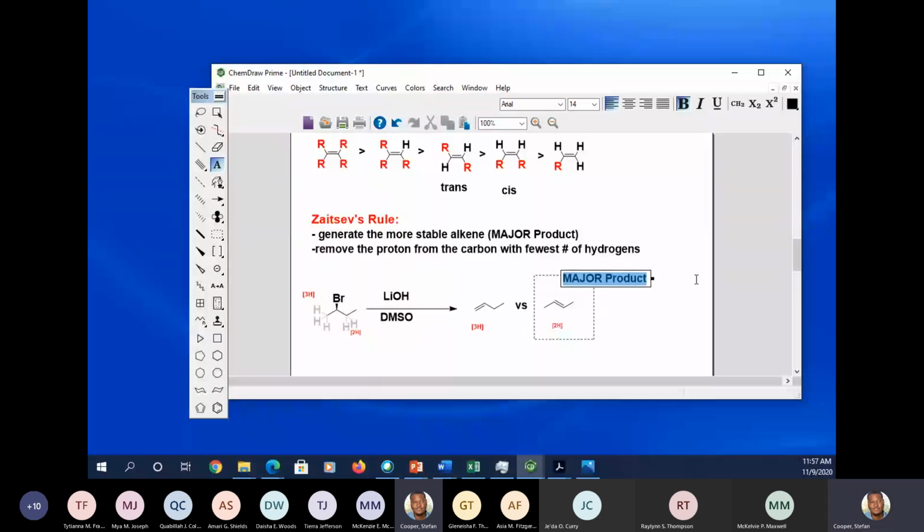How did I know it's major? First of all, you guys can tell me what type of substitution of the alkene it is, right? This alkene is known as which type? Is this a tetra, tri, di, or mono substituted alkene?